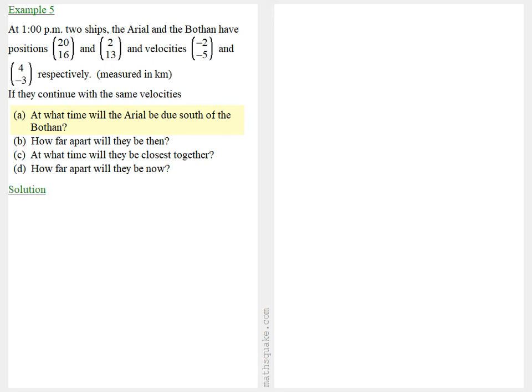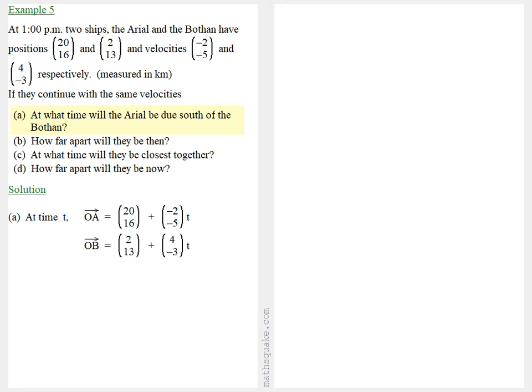Now, the distance that a ship travels is the velocity times the time. So its end position will be its start position plus the distance travelled, so that's the start position plus the velocity times the time. So at time t, the vector OA will be equal to (20, 16) + t(-2, -5).